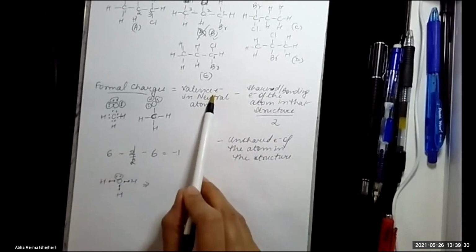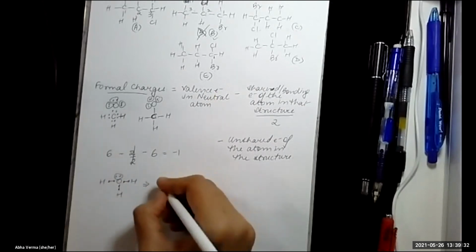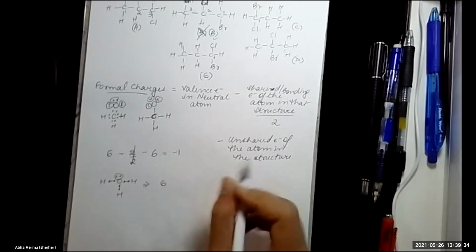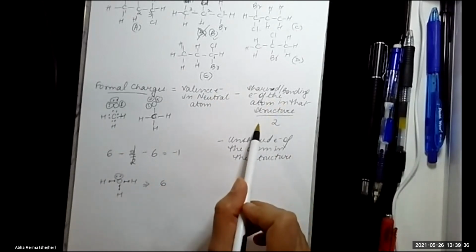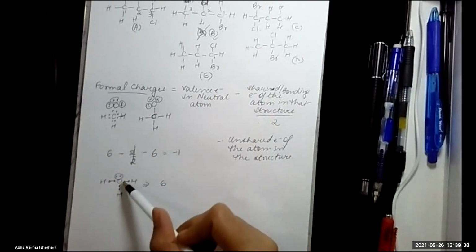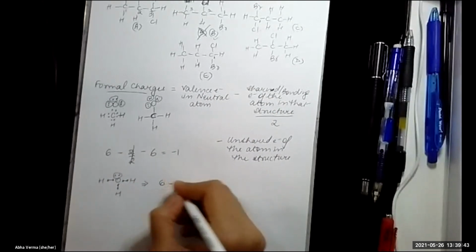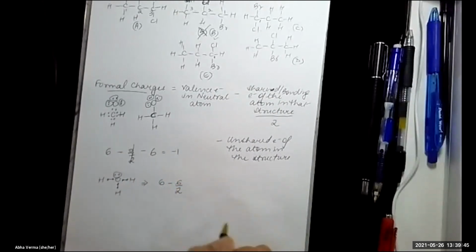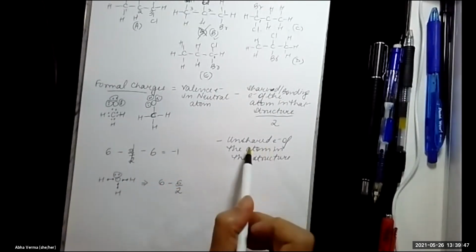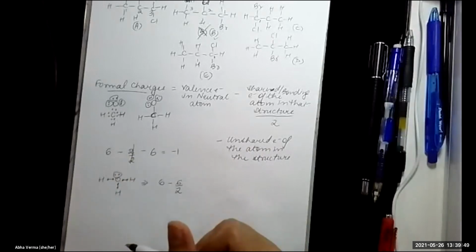What is the valence electron in neutral oxygen? 6. How many are sharing electrons in the structure? 6. And how many unshared electrons?